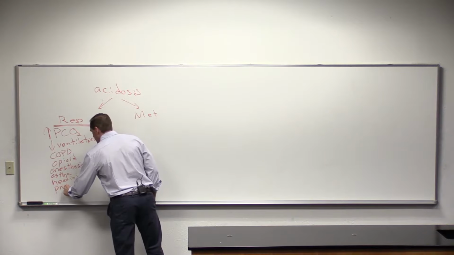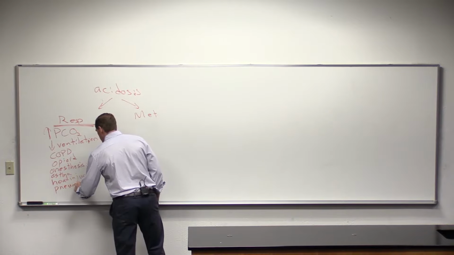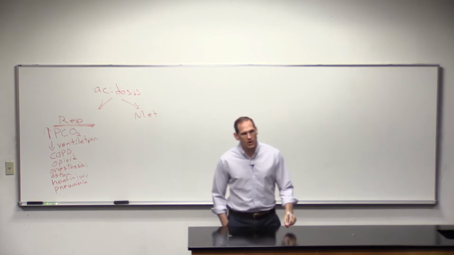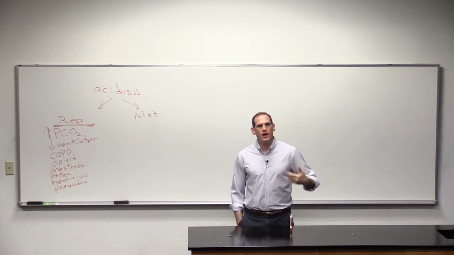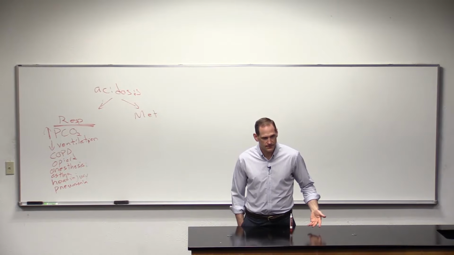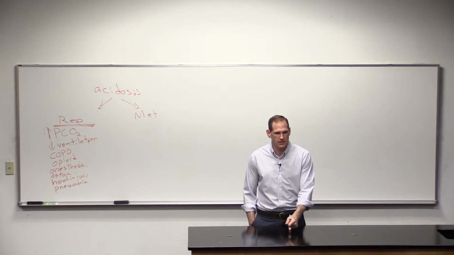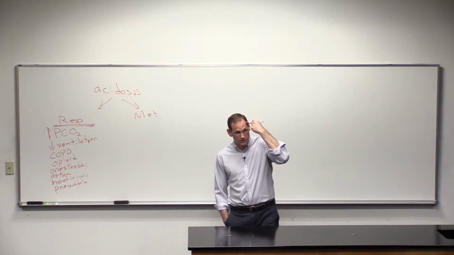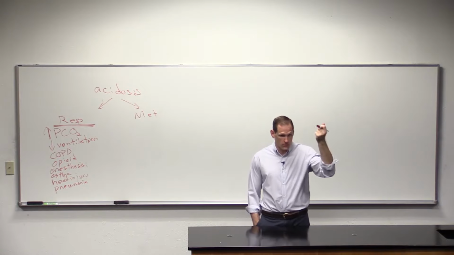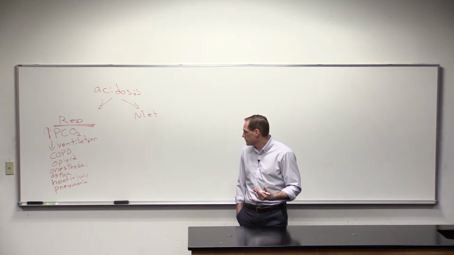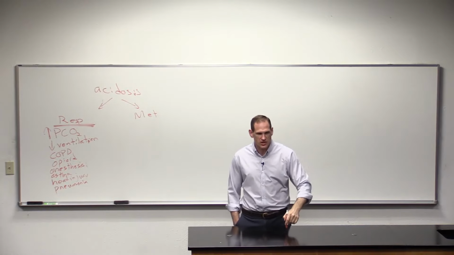Okay, so you can see what all these things have in common. They're all related to breathing. Some of them are physical limitations on the lung themselves or the airway. Some of them have to do with the control of breathing, so like your opioids and head injury, and anesthesia as well.